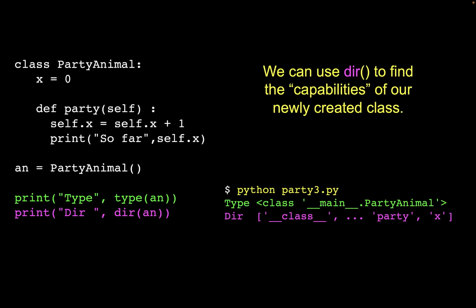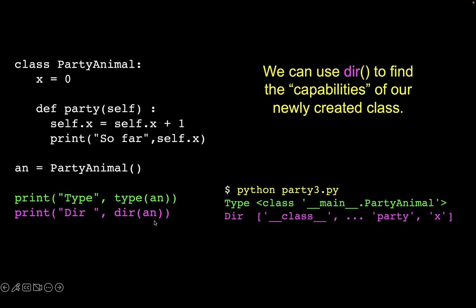So one of the interesting things about these modern programming languages is the parts that you build kind of extend the language. Okay, so the built-in classes, we can query what their capabilities are by calling dir, and we can do the same thing for our custom class. So here's our custom class over here.